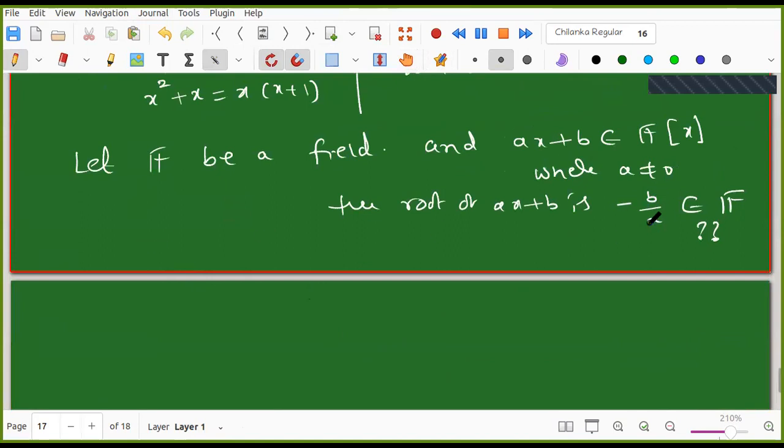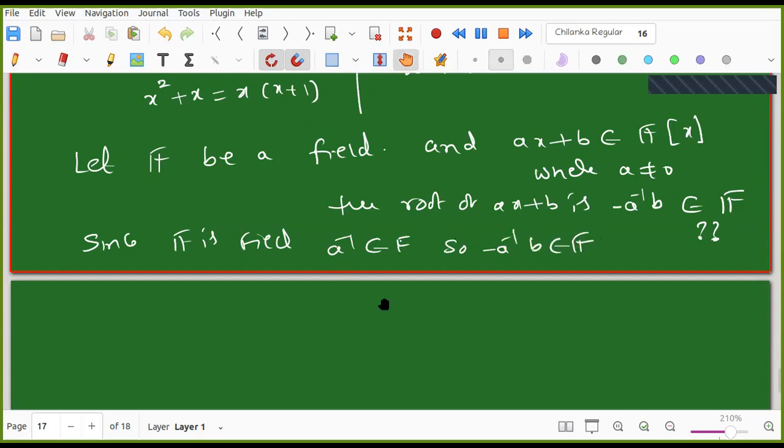So actually I should not write like this. What do I write here? Minus a inverse into b, correct? Since F is a field, a inverse belongs to F. So minus a inverse into b belongs to F. What did we prove?